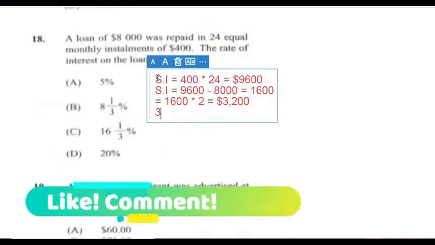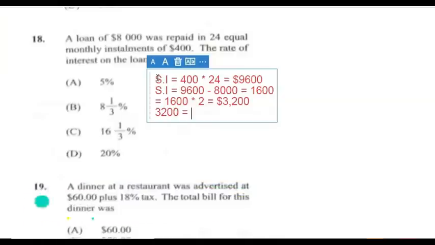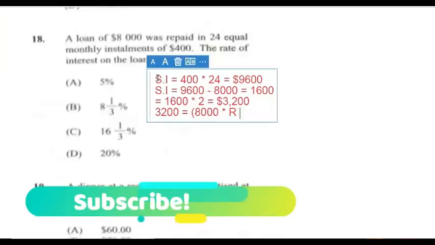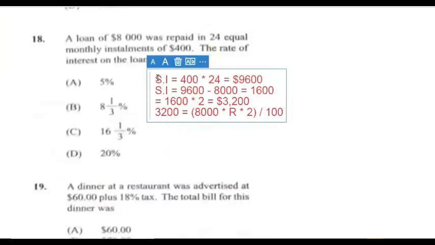So it will become 3,200 is equal to principal of 8,000 multiplied by rate, which is what we're trying to find, multiplied by time of 2 years, and all of that is divided by 100.